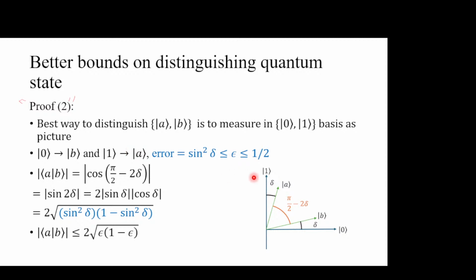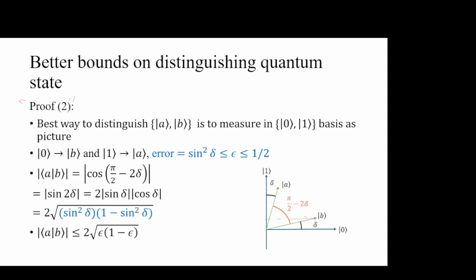So what's the error in this measurement scheme? Say you have a B state and you get a 1 outcome, or you have the A state and you get a 0 outcome. You can see the probability just from geometry. The probability of getting this error, B state getting the 1 outcome, is the projection of B on 1.